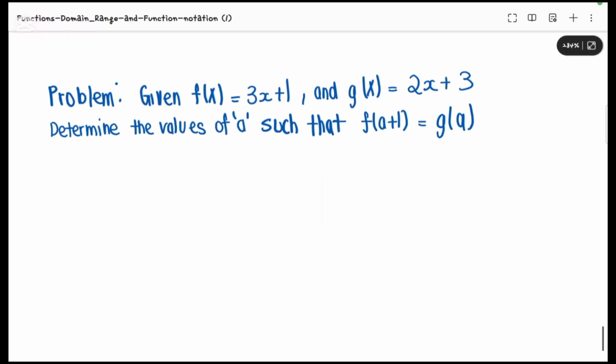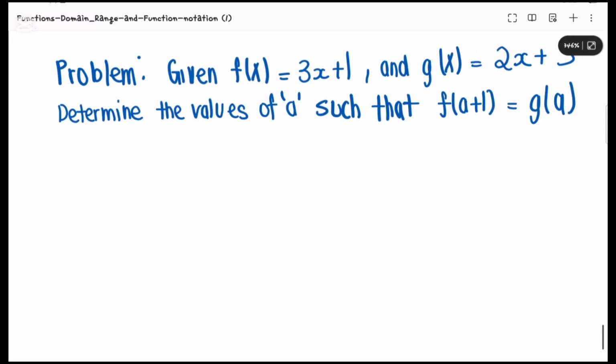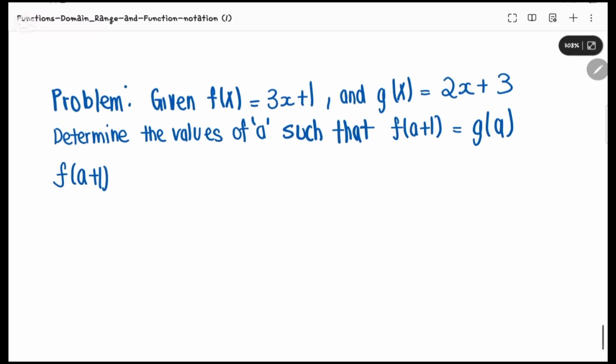Okay, let's try a bit more advanced question. Given that f of x equals 3x plus 1 and g of x equals 2x plus 3, determine the values of a such that f of a plus 1 equals g of a. Again, let's first break it down. Before we do that, let's examine the question.